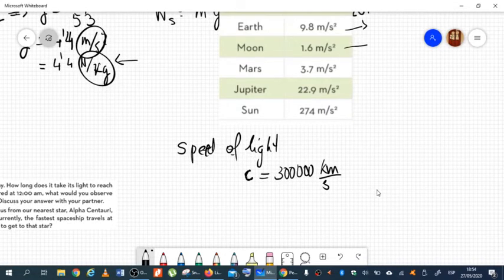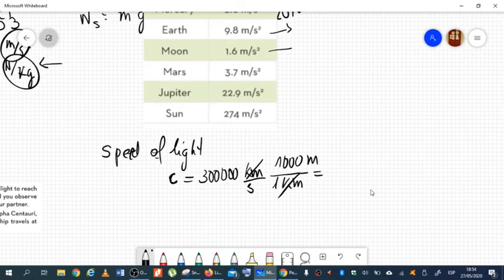Okay? So if we do conversion factors here, 1 kilometer is equal to 1,000 meters. Because I am passing it to the international system, it is 300 million meters per second. Okay, 300 millions.